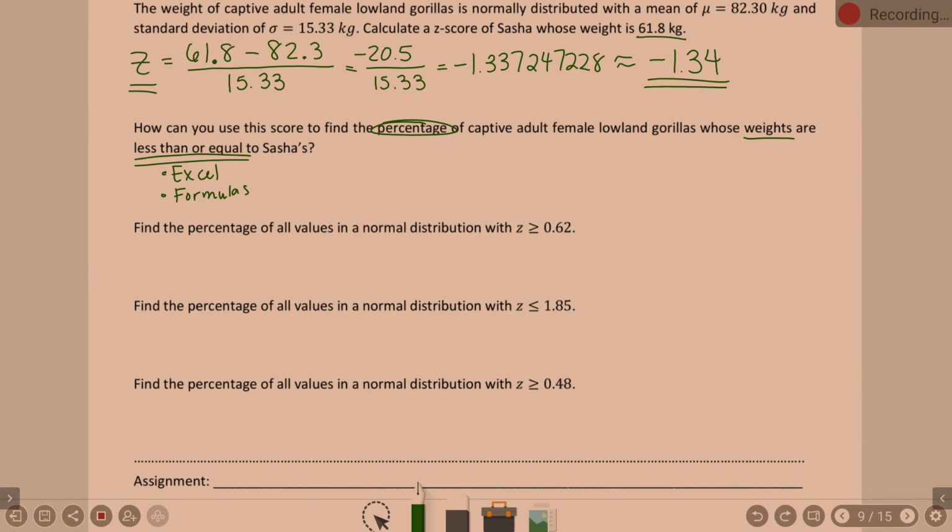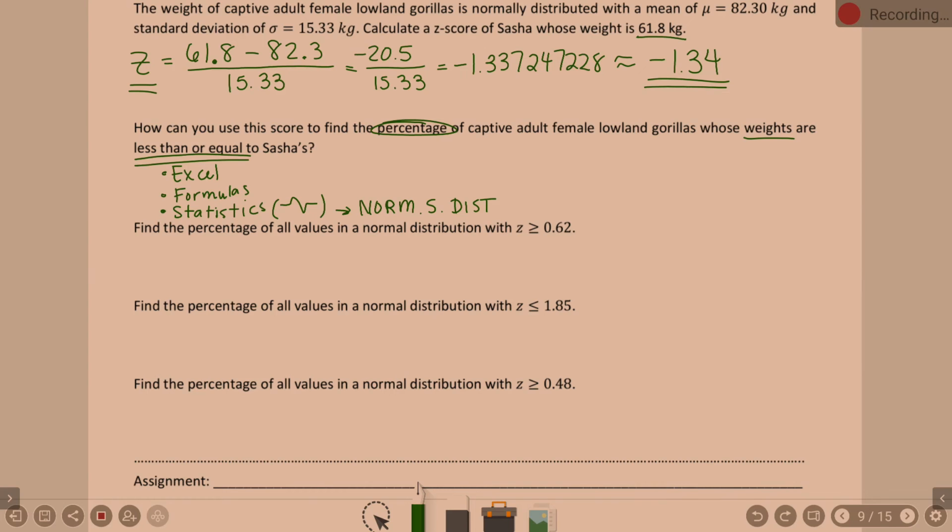I went to the Statistics menu, which has that heartbeat-like symbol I can't draw for whatever reason. And then once I was in there, I went to norm.s.dist, as in standard distribution.